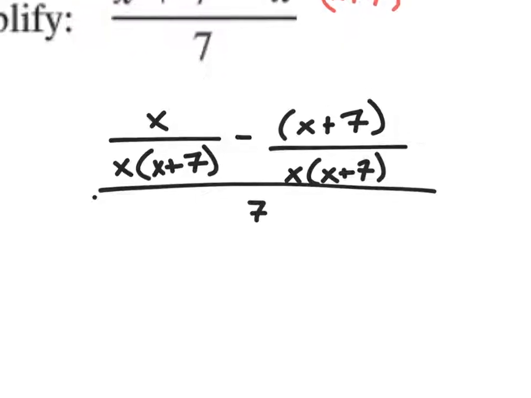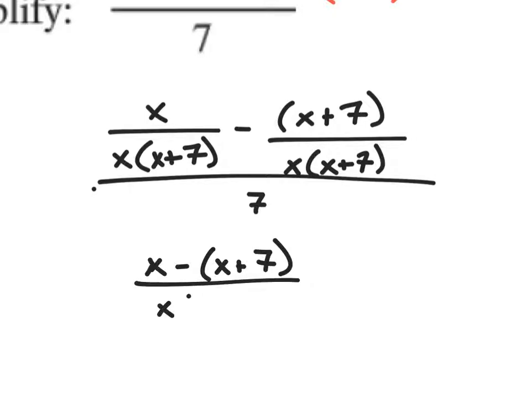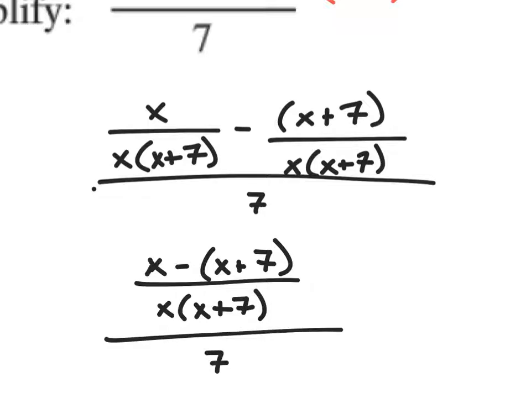Okay, so now what I've got, let's combine my numerators. So I've got x minus the quantity x plus 7, all divided by x times x plus 7, all divided by 7. Okay, so this is my numerator. All right, let's distribute this negative here and see what we get.